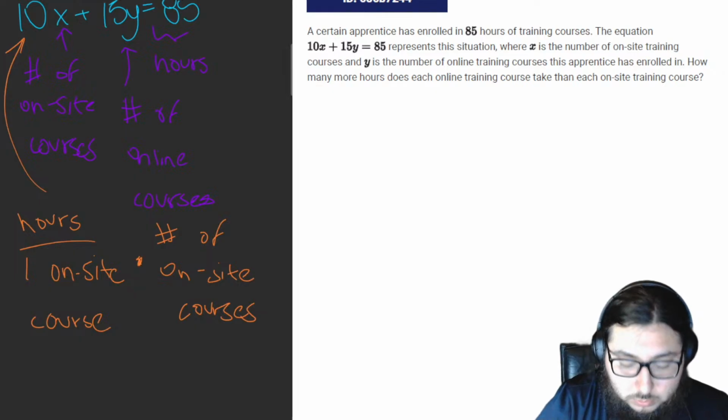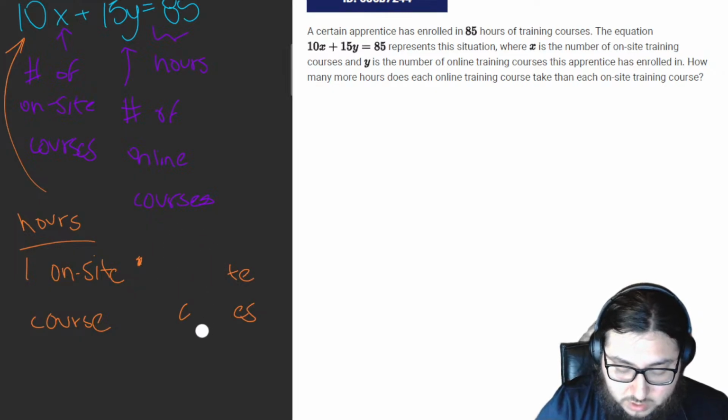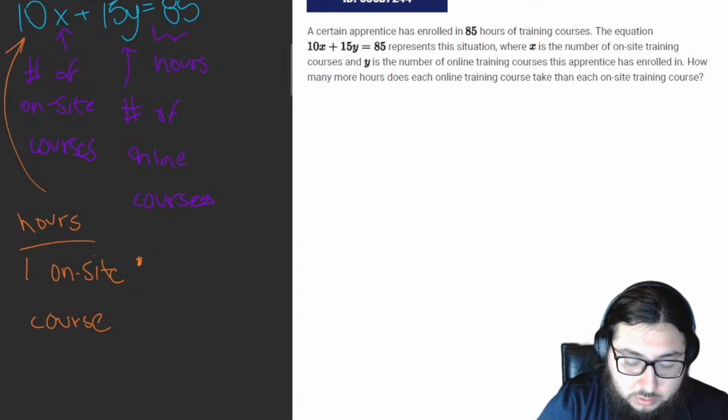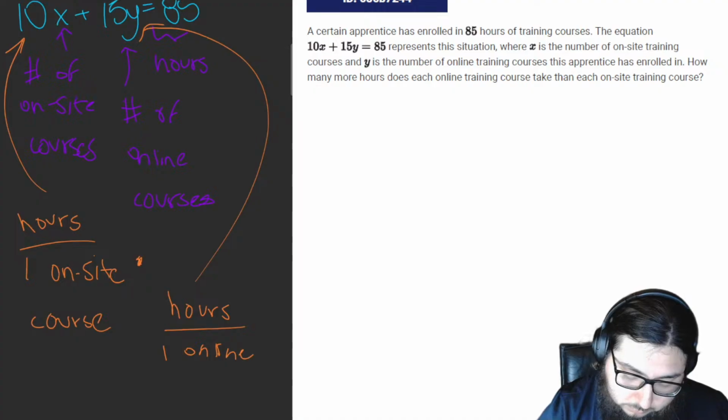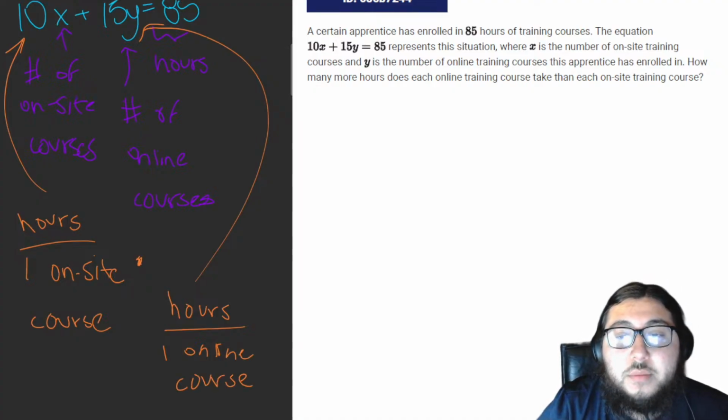So we must have units of hours per one on-site course. Similarly, 15 must have units of hours per one online course. So that's what the interpretation of these numbers is.